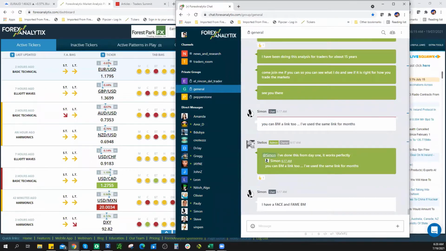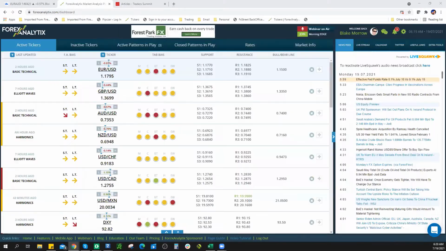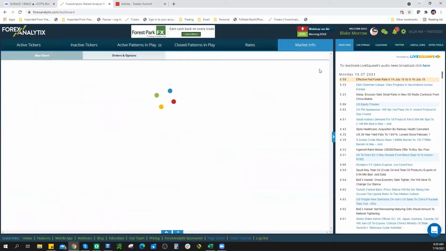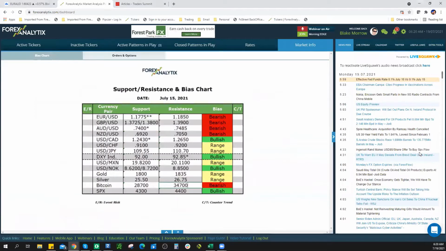Anyway, those are a few changes you've seen to the chat room. A couple other things you might notice, if you're on the ForexAnalytix platform, go over here where it says market info. First of all, you had your bias chart. Everybody can see that, right? Everybody see my screen?